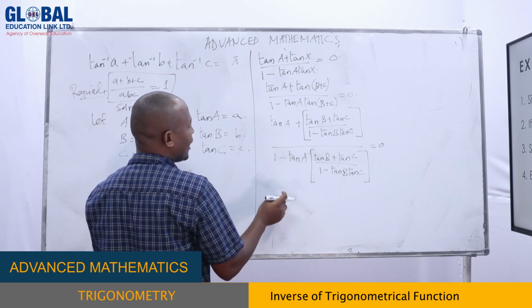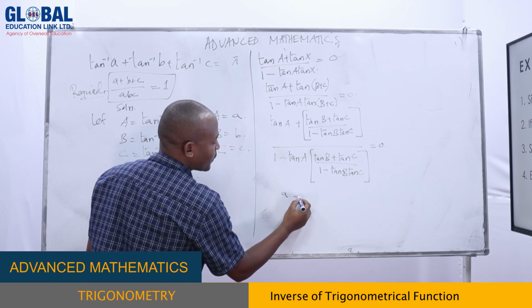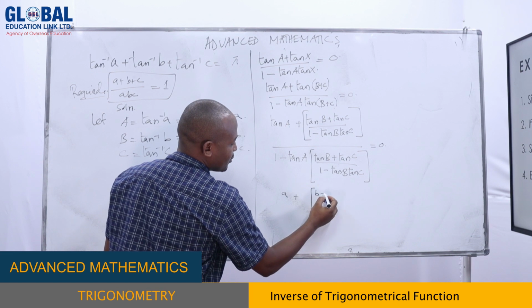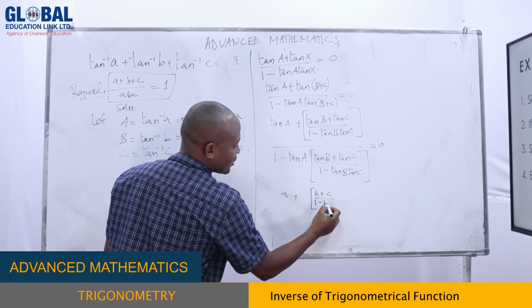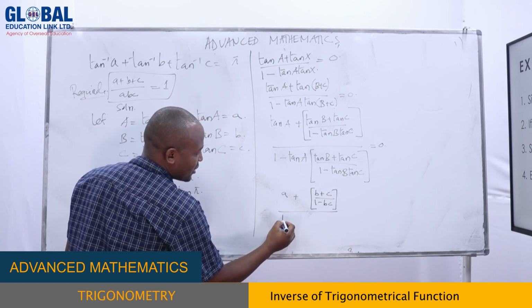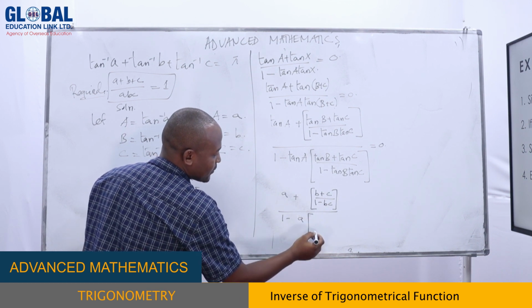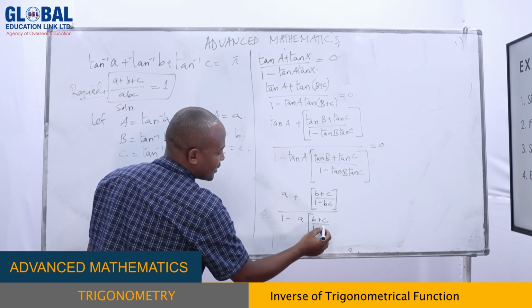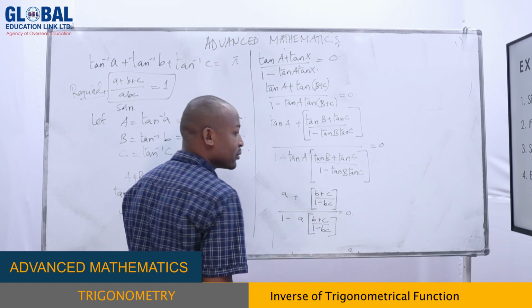That means tan of A is A, plus tan of B is B, tan of C is small c, and there we have 1 minus BC, all of that in brackets. Then we have 1 minus A, then B plus C over 1 minus BC, and all of that we are told is equal to 0.